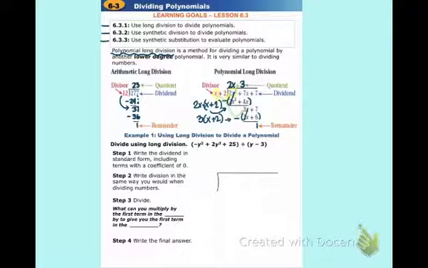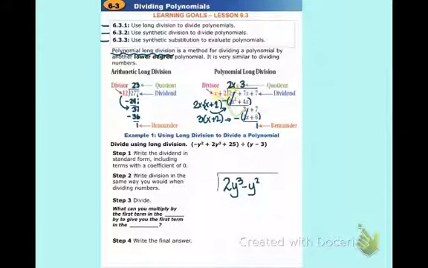Notice the highest power in my polynomial is this 2y cubed, so I'm going to write that first. So I have 2y cubed. The next term will be the next power down, which is that minus y squared. Now notice there's not a y term.